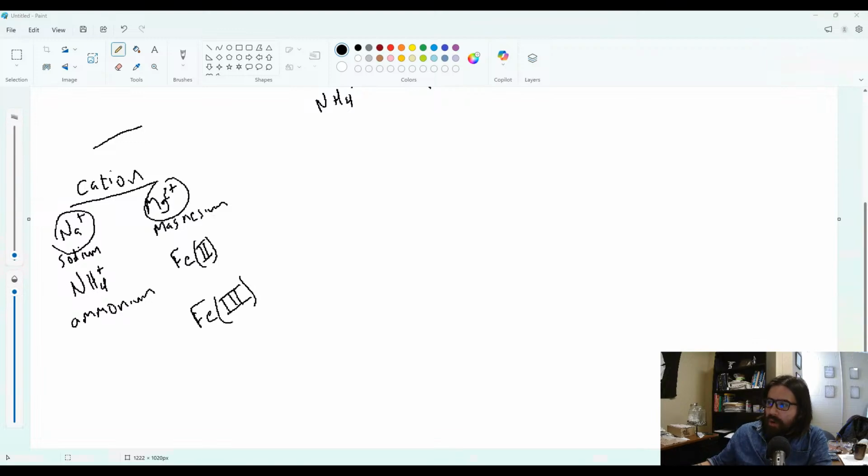There are some old school conventions that are worth mentioning here, just in case you see them. I'm not going to ask you to memorize these. It won't show up on an exam, but it may show up in lab or something like that, so I just want you to be aware of it. For example, if we have iron 2, that means the charge is +2, and in this case, +3.